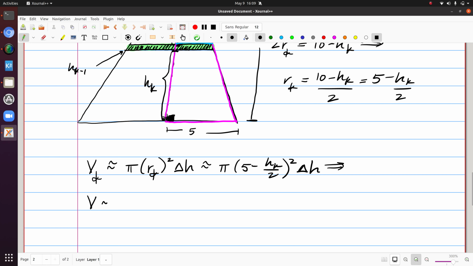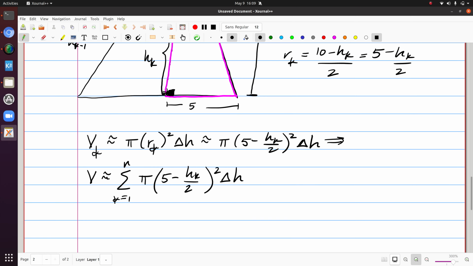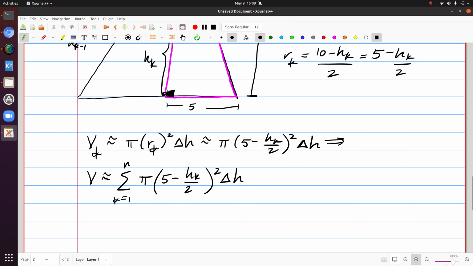If I want to then approximate the volume, I can do so by adding from k equals 1 to n the approximate volume of my v sub k. Again, by constructing this Riemann sum, which is a right-hand sum, I benefit because now I can see the structure of what is entailed, and it helps me to construct the appropriate integral.